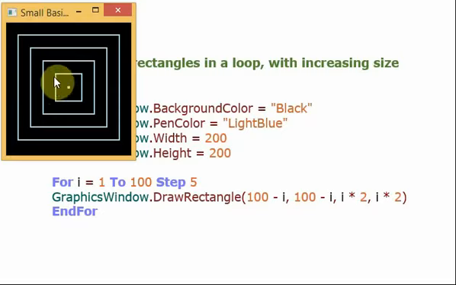Then x is 90, y is 90. Then the box length will be 20 by 20. Likewise it goes. Finally it comes to this value. Then I becomes 100 and stops.